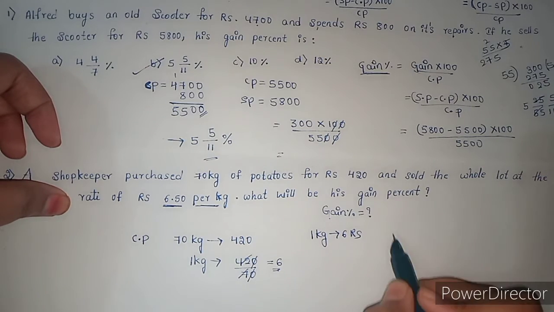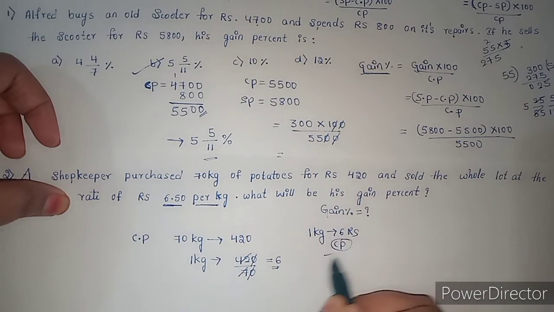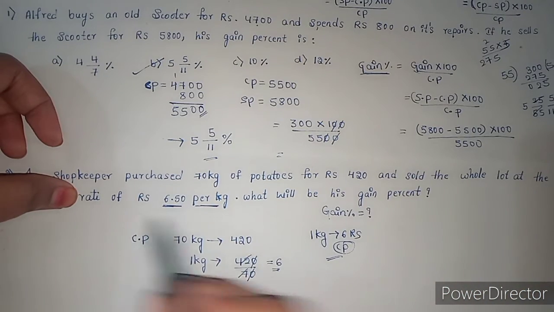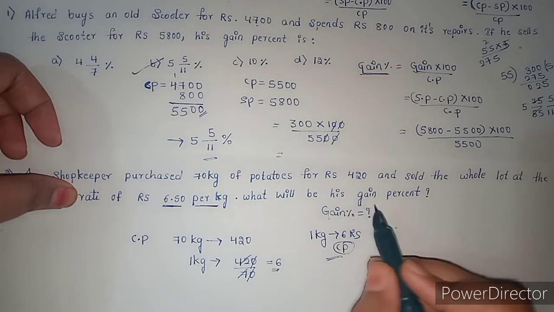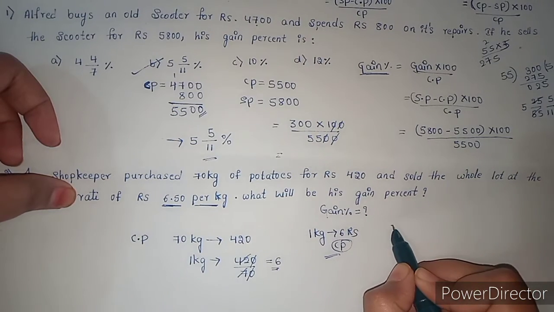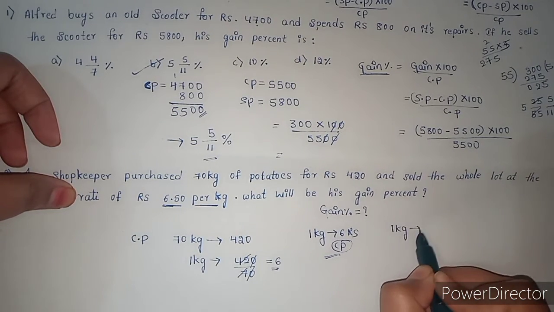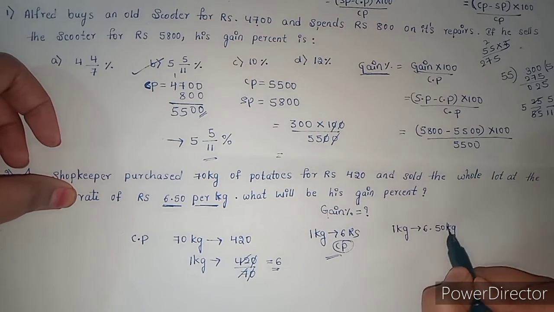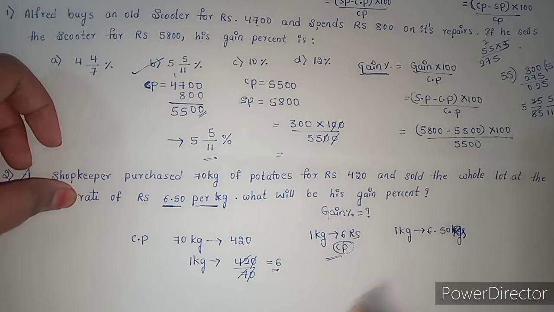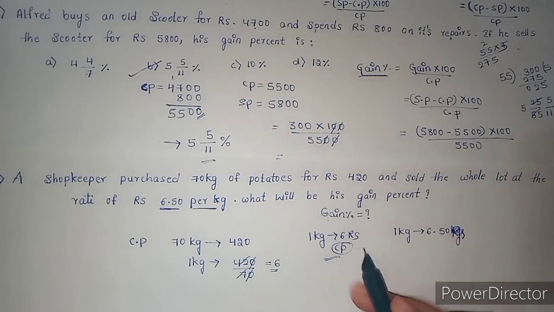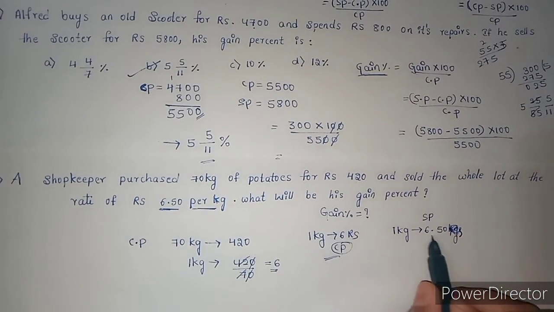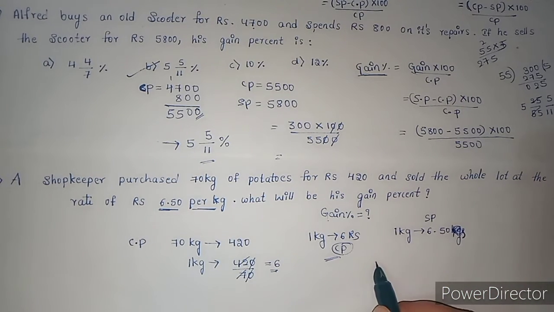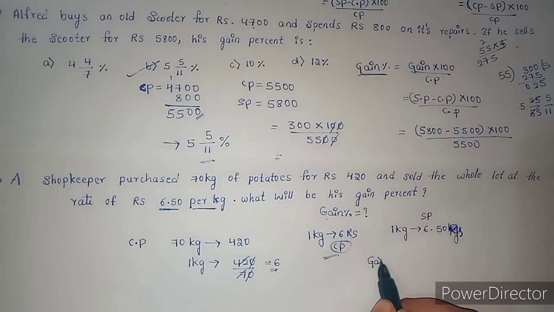This is the cost price, and he sold the whole lot at the rate of rupees 6.50 per kg. So what is the gain?